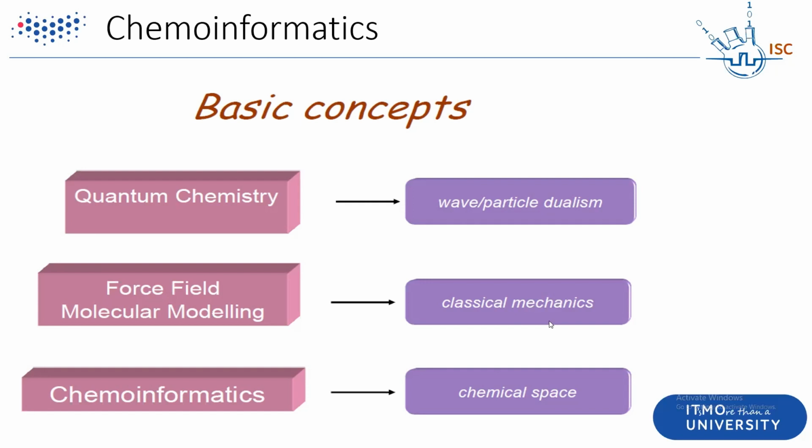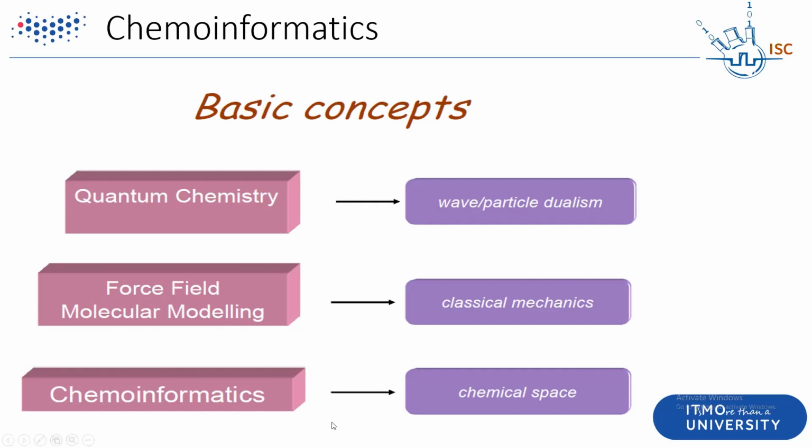The classical mechanics is the first technique you can use in molecular dynamics, and the quantum chemistry is the DFT, and chemoinformatics is the chemical space. So actually these two techniques can be integrated in chemoinformatics.